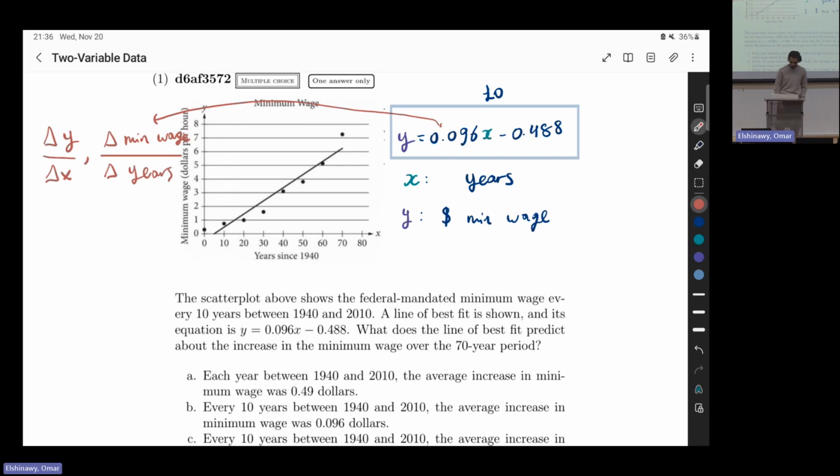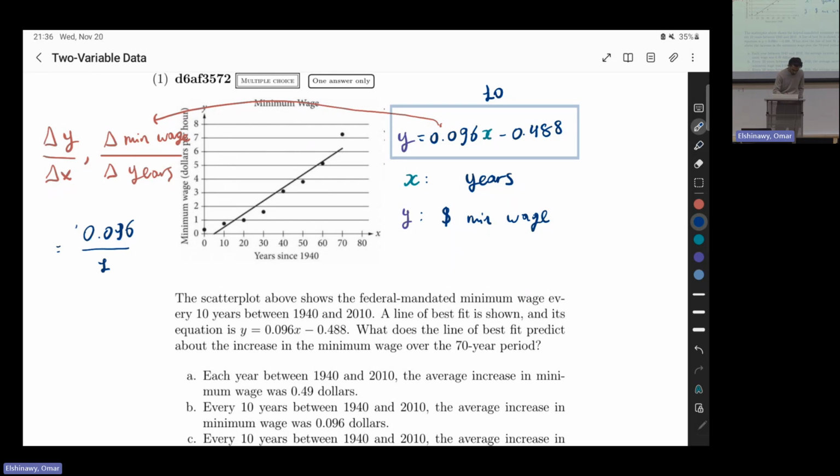How do I say this more precisely? I would say that the change in the minimum wage with respect to each year, because the year is always the input, change in y, minimum wage, with respect to x, which is 1 year, for example, is 0.096. 0.096 can be written as 0.096 over 1.